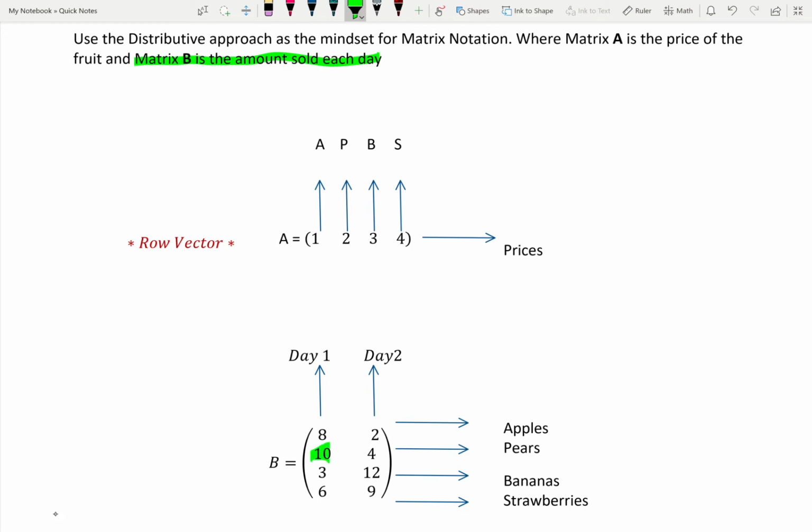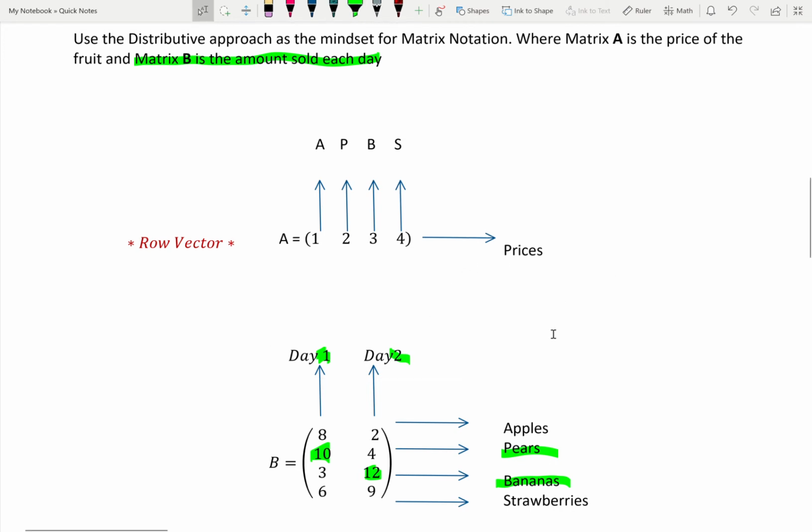Well, it says that on day 1, I sold 10 pears. Hopefully that makes sense. Oh no, I lost my arrow. It's okay. Oh, there it is. He's back. Okay, so similarly, what does this 12 represent? It says that on day 2, I sold 12 bananas, right?